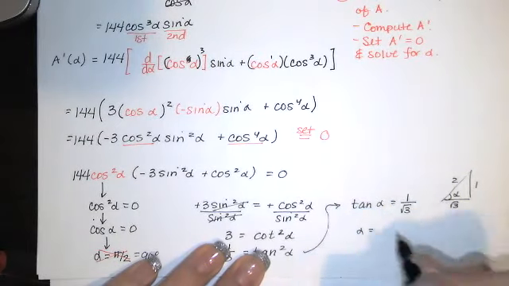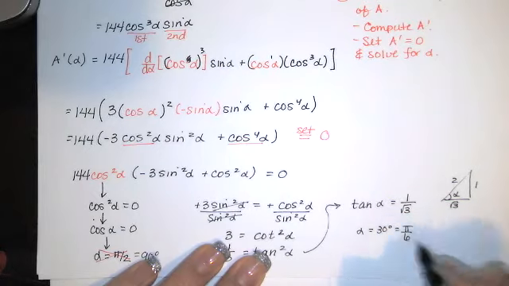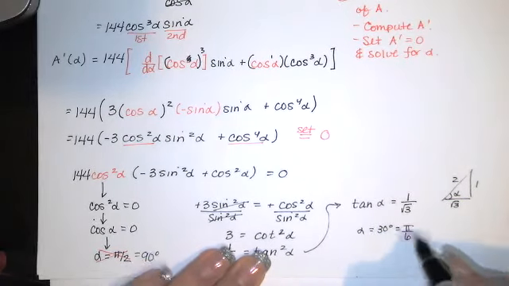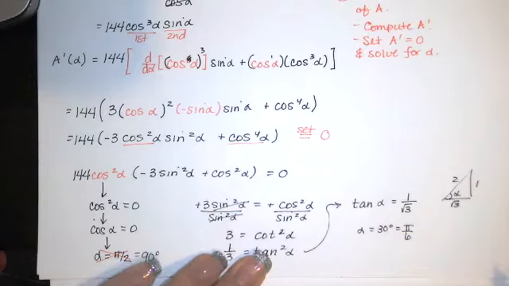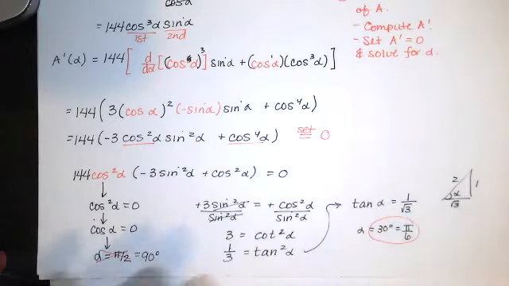So alpha has to be 30 degrees, or better yet, let's change to radians. That's 1/6 of 180 or pi over 6. Okay, so we've got a critical point. It's pi over 6 or 30 degrees.